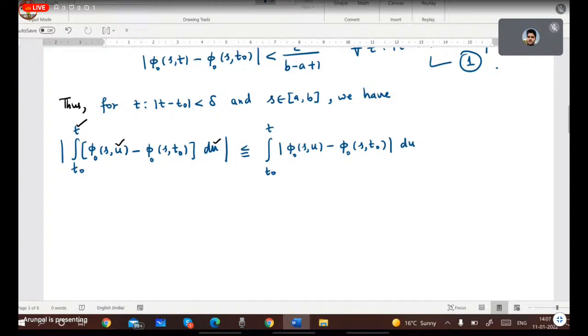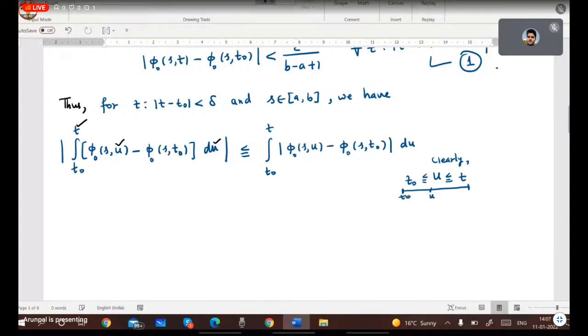And now class, take a note. If you notice, u is varying between t naught and t, isn't it, class? Yes, sir. So suppose t is here, t naught is here, so u is somewhere here.